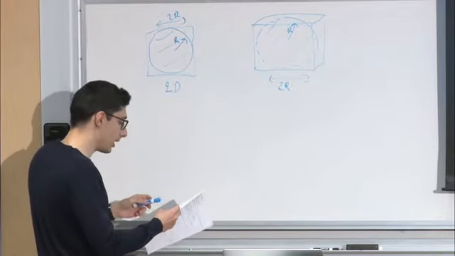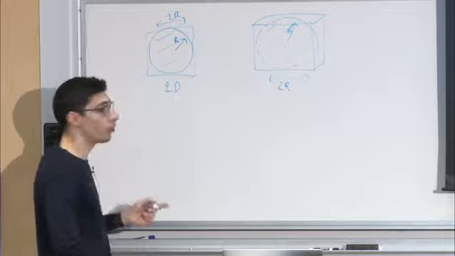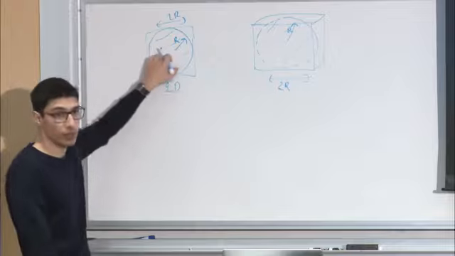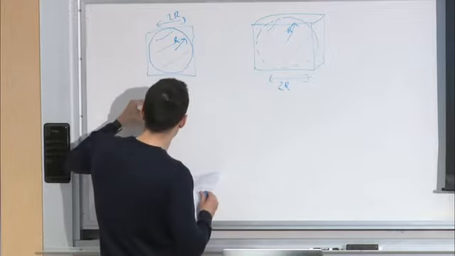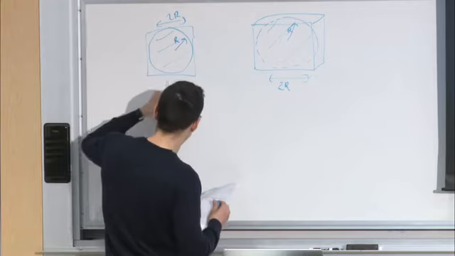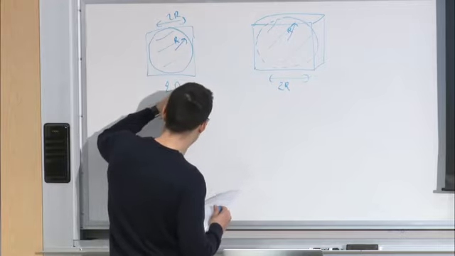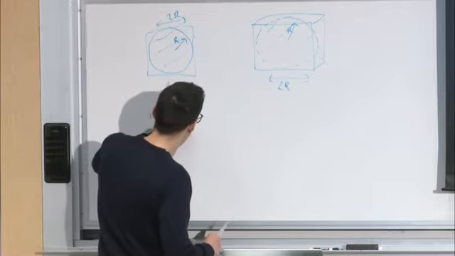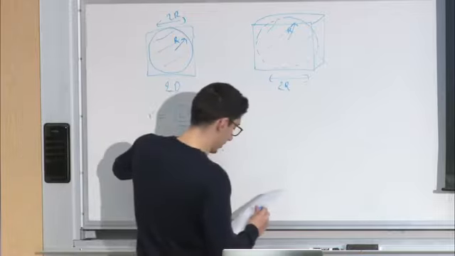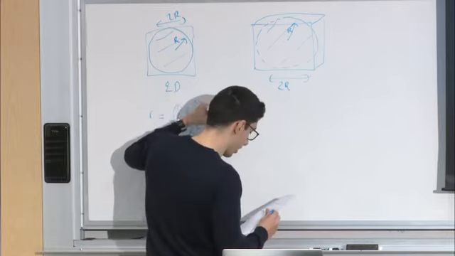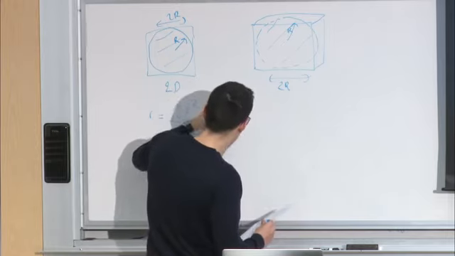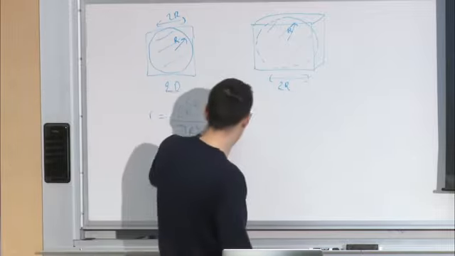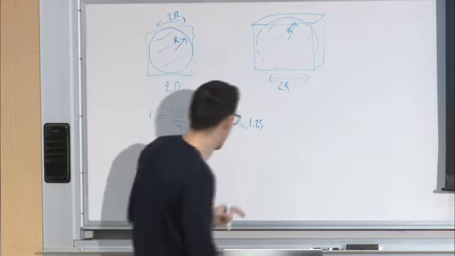Now, I'm saying that in 3D, computations will be much less efficient because of a saying that you might have heard before, that the higher you go in dimensions, the farther points get from one another. And we will see that with this very simple example. So here, for example, if I want to compute the ratio of the surface of the image with respect to the surface of the circle, this calculation will lead me to: the surface of the image is 2r squared, over the surface of the circle, pi r squared, which is exactly 4 over pi. And since I like physics, I say pi equals 3, so it's approximately 1.25.